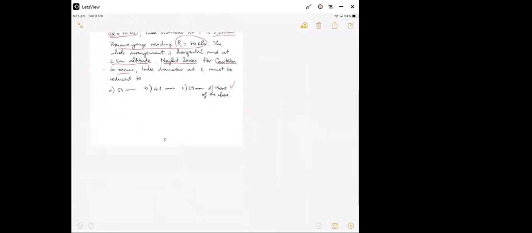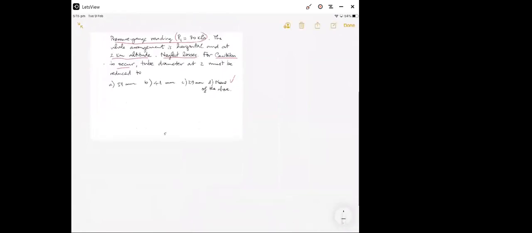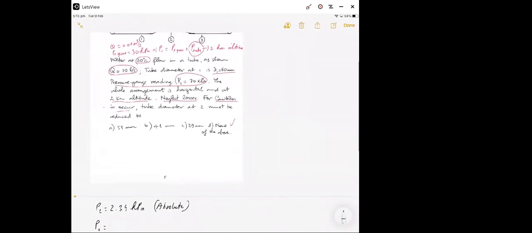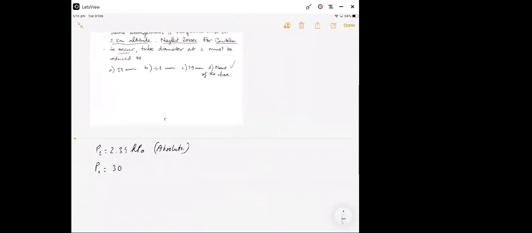So now, summarize what we have here. P2 is 2.34 kPa, absolute. P1 equals 30 kPa, but this one is gauge pressure.